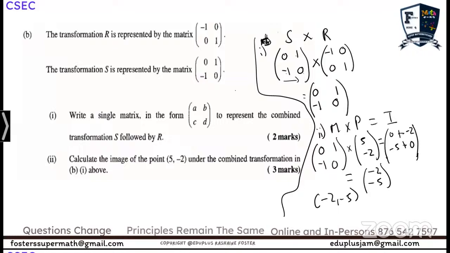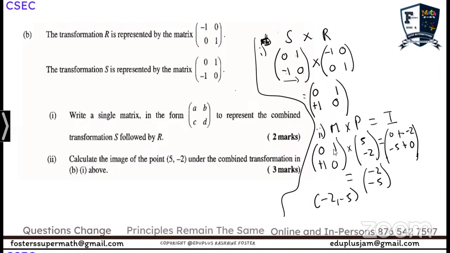Let us move on once more. Sir, isn't it two positive ones in the diagonal? Two positive ones in the diagonal where? 0, 0, 1, -1. Oh, -1 times -1 is positive. So that's supposed to be positive. That's right, positive.